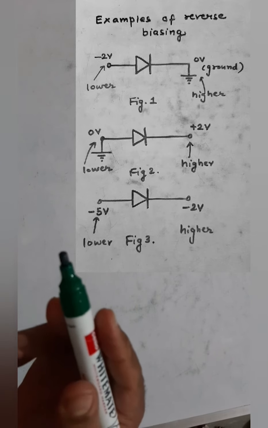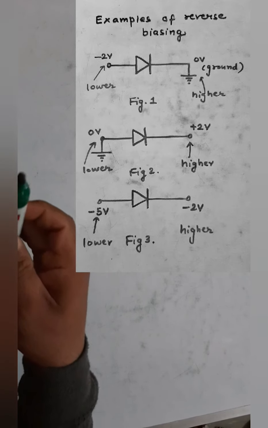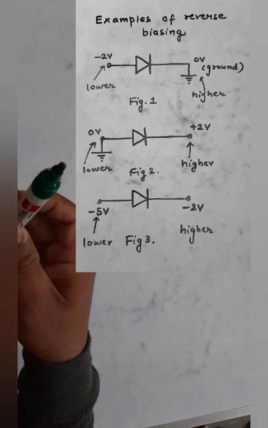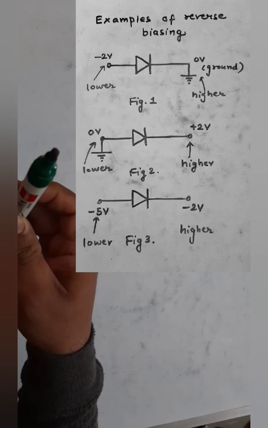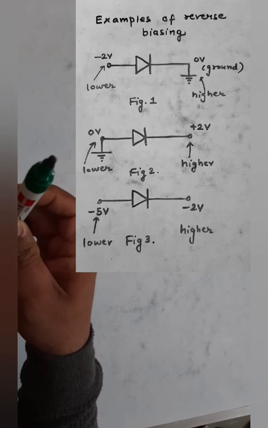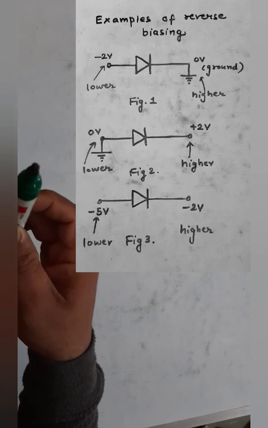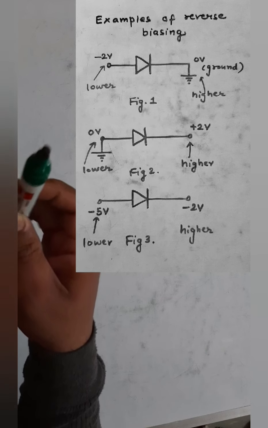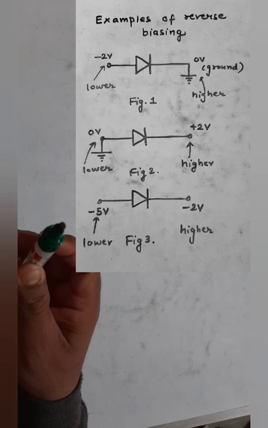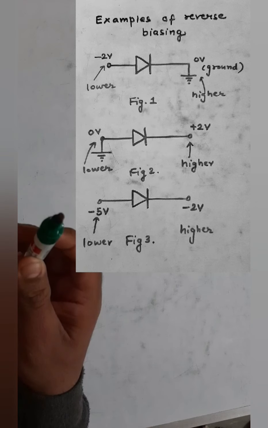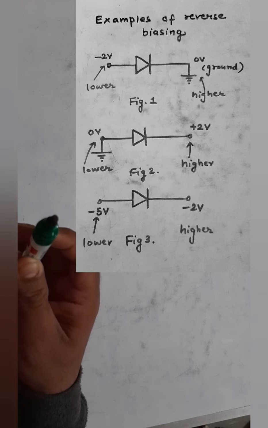Okay, so in the other two examples you can also see that here it is connected to lower potential. It is grounded, so the triangle, which is the P side, is connected to the lower potential, 0 volt, and the N side is connected to 2 volt, which is higher. So this diode is reverse biased, and in this case also you can see that the P side is connected to -5 volts and the N side is connected to -2 volt.